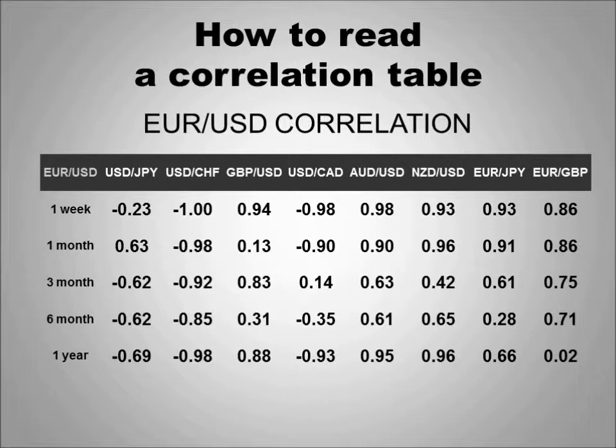So there's a perfect negative correlation. Now, as we expand the time frames, there has been some deviation from that -1, but close enough, which means what happens in the euro-dollar pair will more likely have the opposite effect on the US dollar-Swiss franc pair.